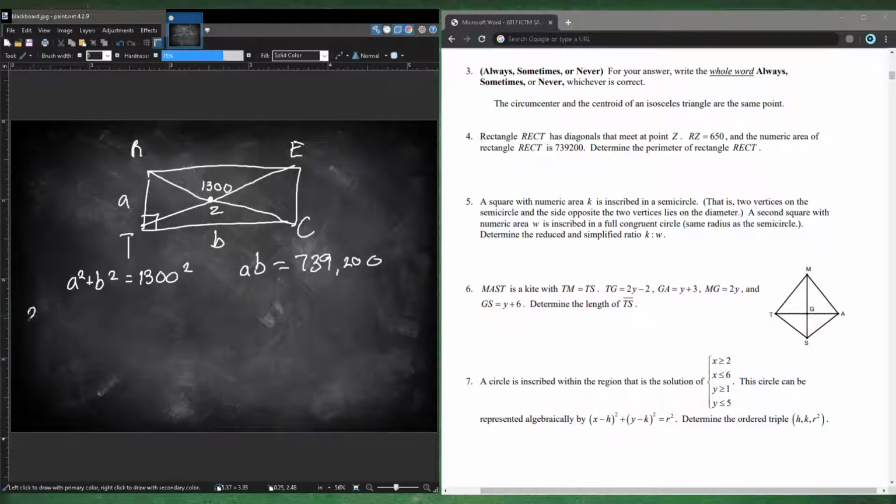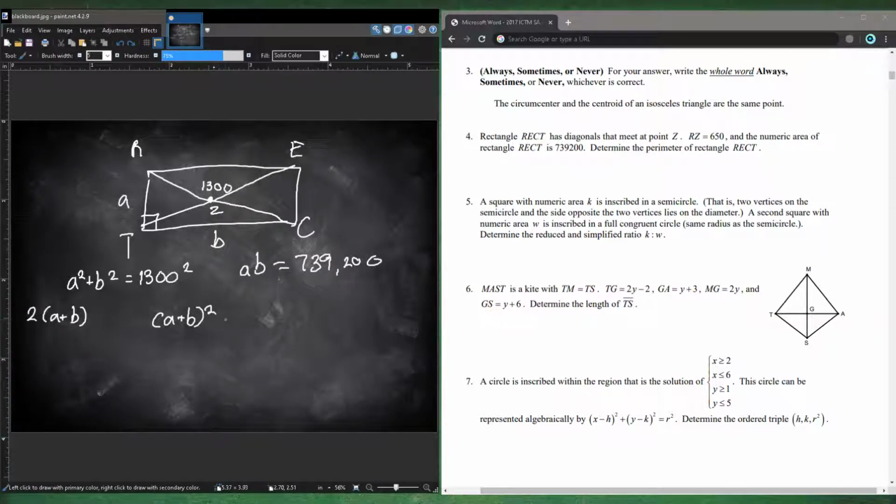Now we need to find 2 times A plus B, because that's our perimeter. Well, we need to find A plus B. So how do we rewrite this in terms of A plus B? To get those squares, we need to square A plus B, which is A squared plus B squared plus 2AB. Sorry, it's plus 2AB.